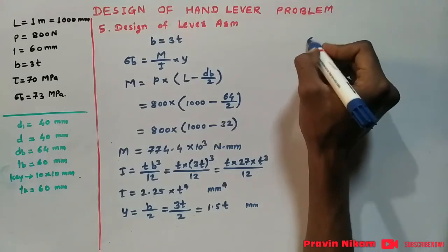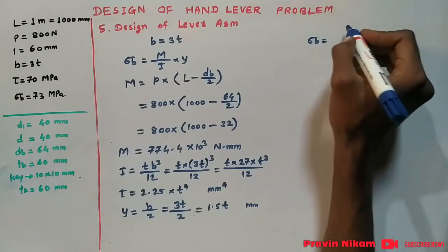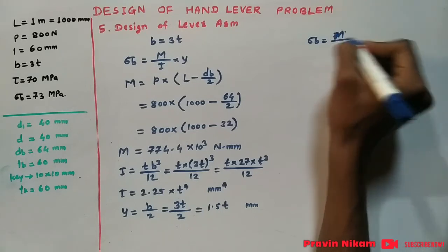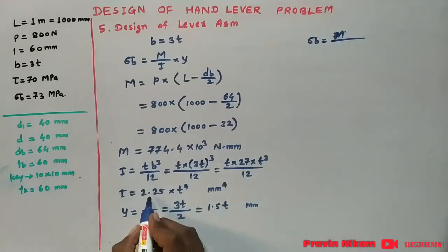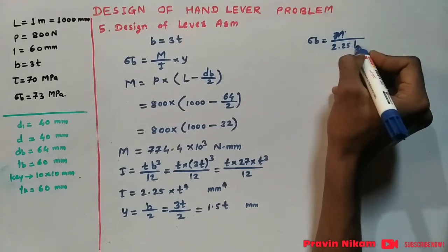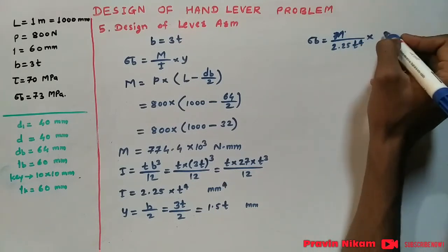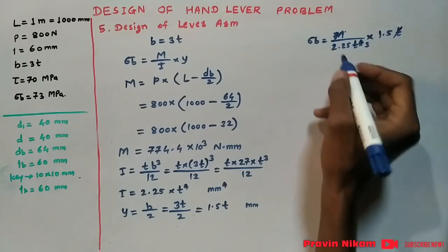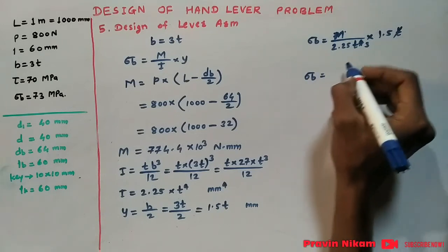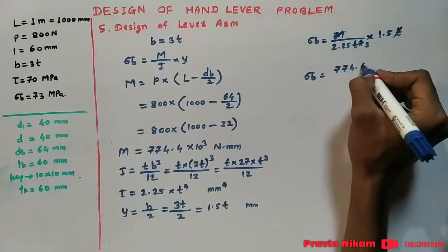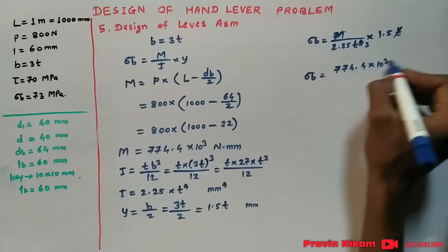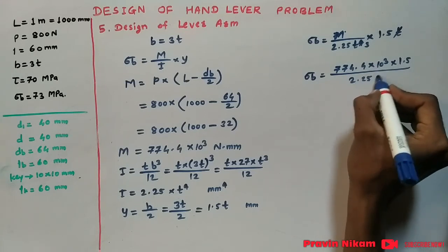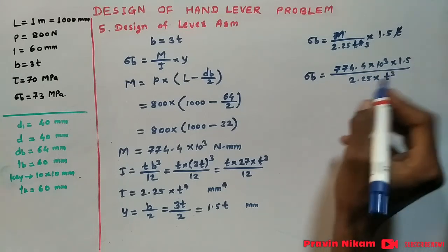Now put these three values in the equation of sigma b. So sigma b is equal to M divided by I, that is, 2.25 T raised to 4 into y, which is 1.5 times T. So one T gets cancelled. So sigma b is equal to M, which is 774.4 into 10 raised to 3, into 1.5 divided by 2.25 into T cube.